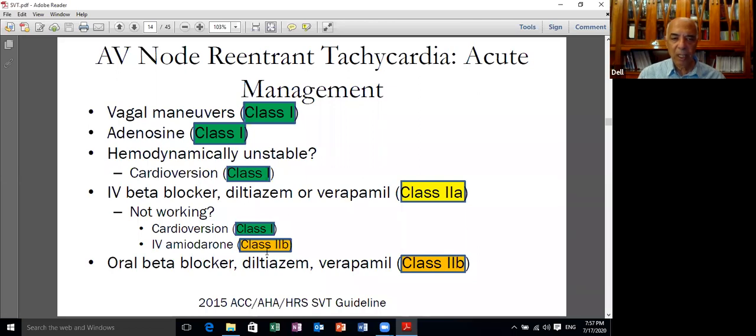These drugs, beta blockers and calcium antagonists, should be given slowly to avoid hypotension. If you get hypotension, you are in trouble because it will aggravate the tachycardia through sympathetic stimulation.